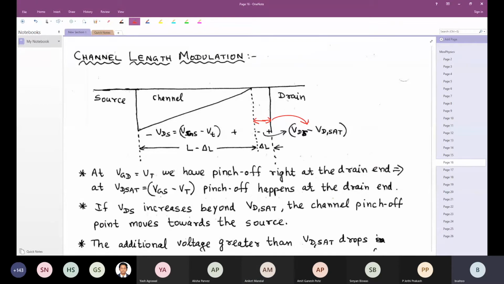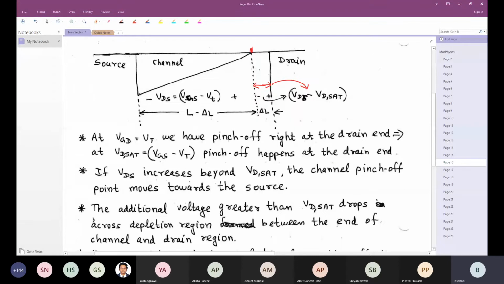So my electrical length of the transistor becomes L minus delta L. Now I know the current in saturation, ID, is proportional to 1 by L, and this L is known as the electrical length.